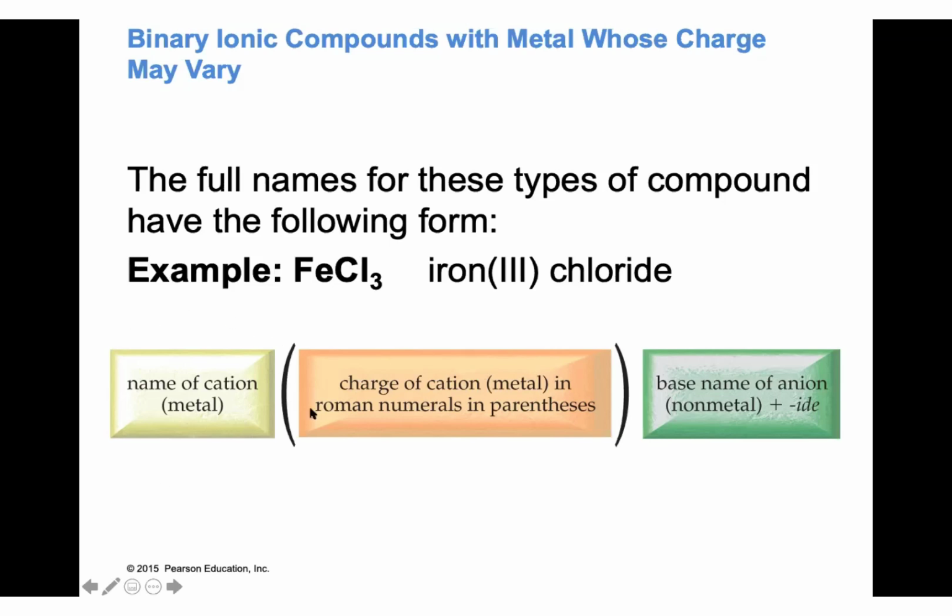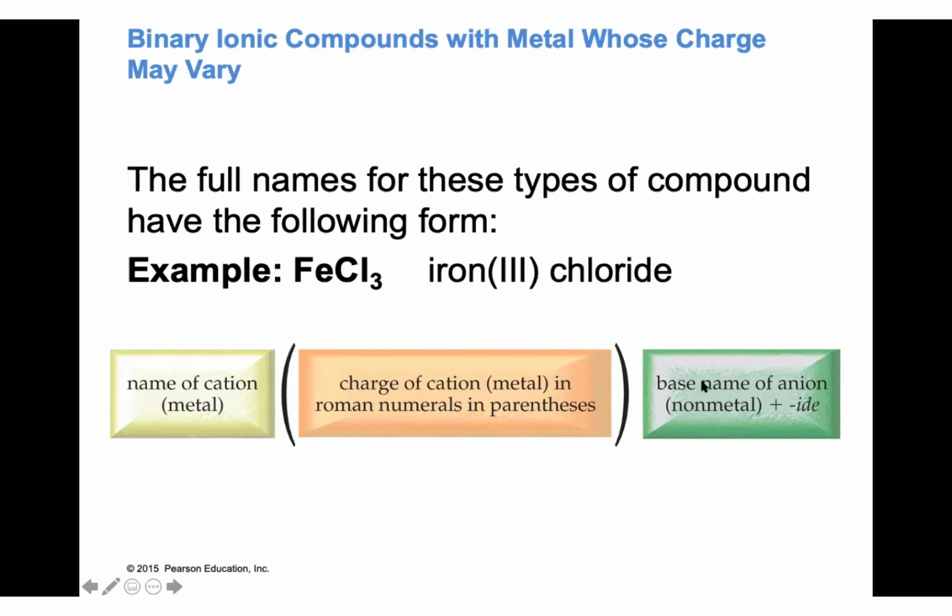So we write the name of the cation, which here is iron, then the charge of the cation in Roman numeral in parentheses. Here we have iron(III) because the subscript of chlorine becomes the charge of iron.